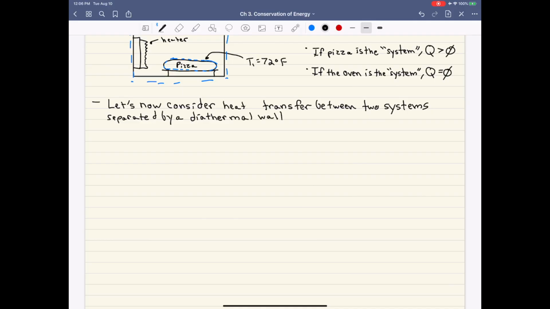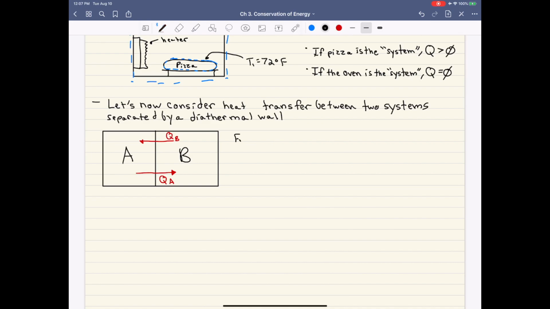And by diathermal wall, all that means is that the heat transfer between the two compartments is going to be instantaneous or infinitely fast. For our system, let's just think we have one big rectangle that's split in half. The left side is compartment A, and the right side is compartment B. Let's say that there's heat transfer between the two sides, so that QA is going to go from compartment A to compartment B, and QB is going to go from compartment B to compartment A.